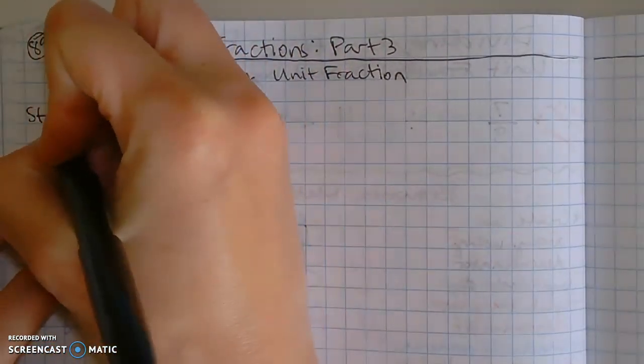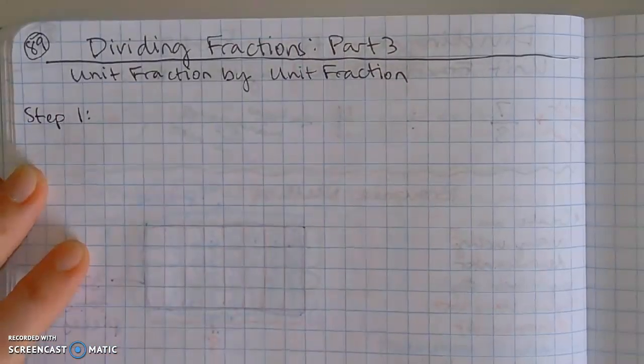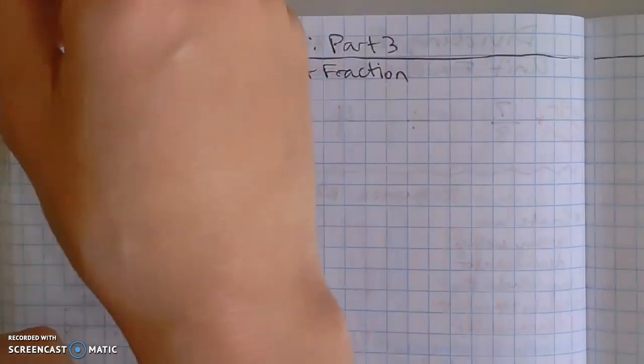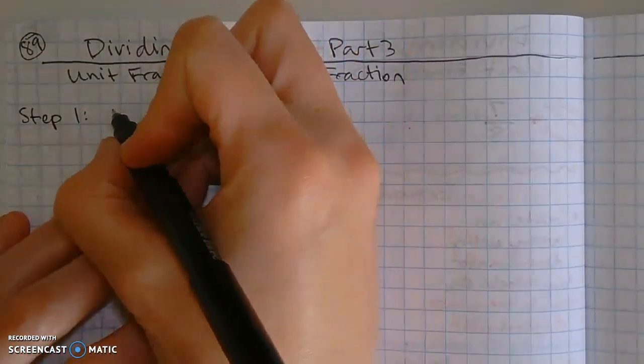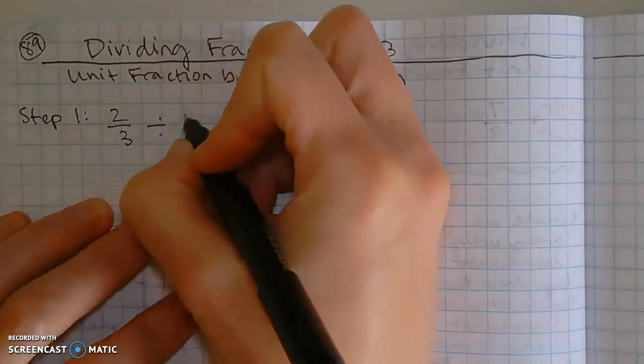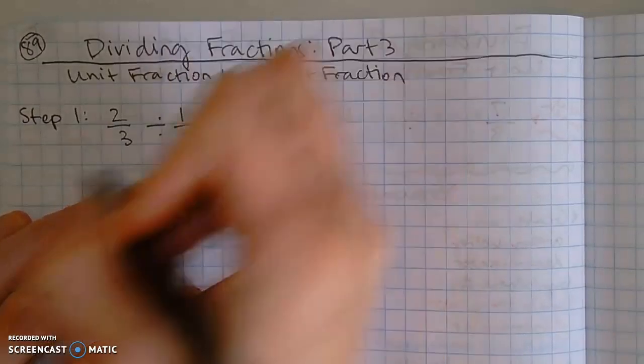So we're going to do step 1. If you have a set of fractions, let me give you our fractions. We're going to do 2/3 divided by 1/2, okay?